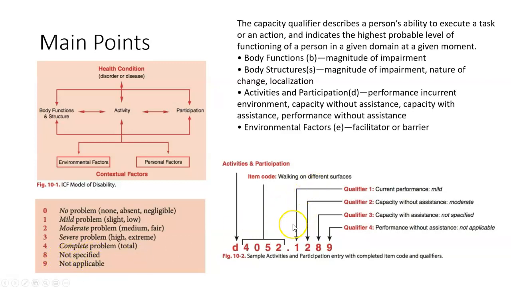You can code this from the standpoint that the first number is their current performance, and the second number would be their capacity with assistance or without assistance, with these different qualifiers. And there are different examples within your textbook.